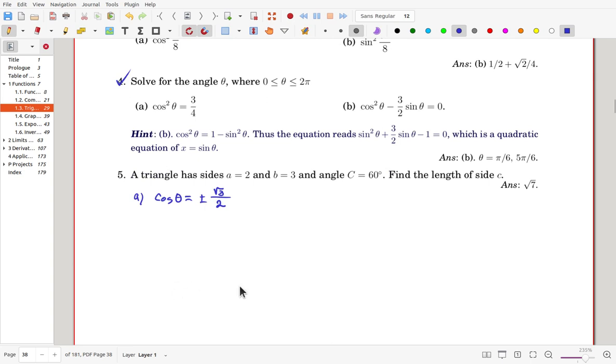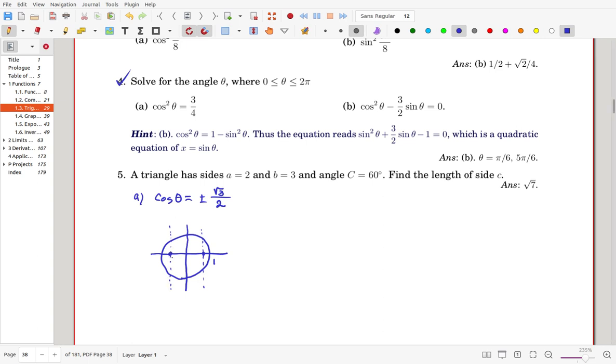Now, by using a circle of radius 1, you can find theta quite easily. Okay, here we have a radius 1 circle, and we have to find theta. Cosine is measuring the horizontal component, so horizontally the value can be square root of 3 over 2, the positive value, and negative square root of 3 over 2.